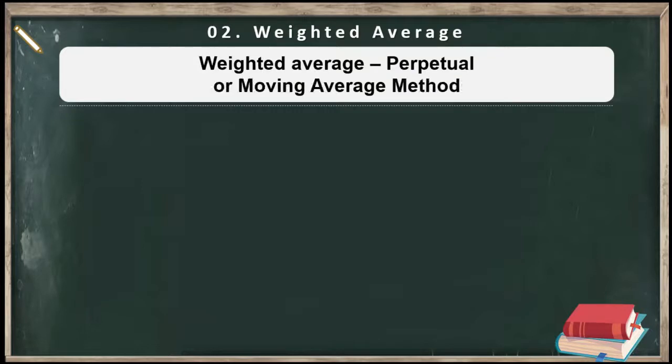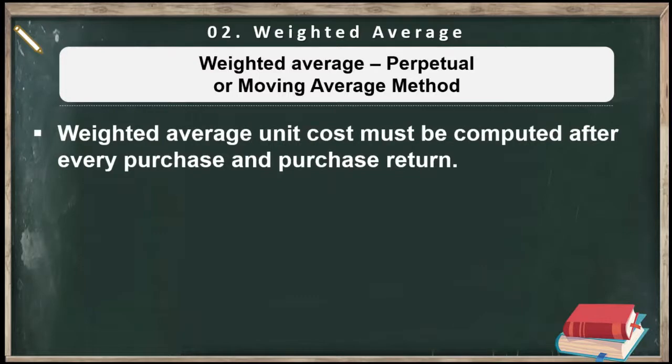Meanwhile, we have the weighted average perpetual, or this is called the moving average method. So here, the weighted average unit cost must be computed after every purchase and purchase return. So every time na ay paliton o na ay returns to the supplier, there will be change in the unit cost.